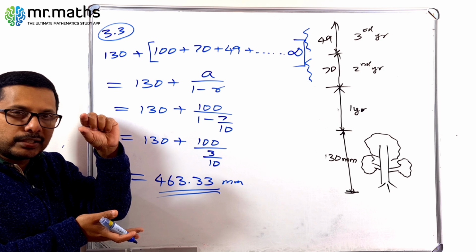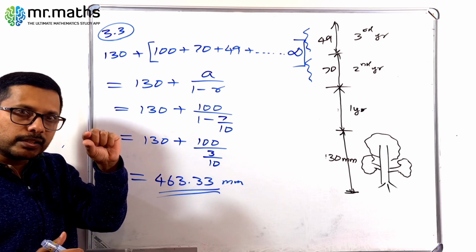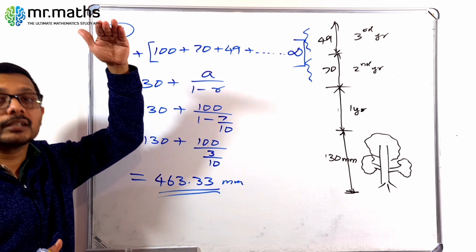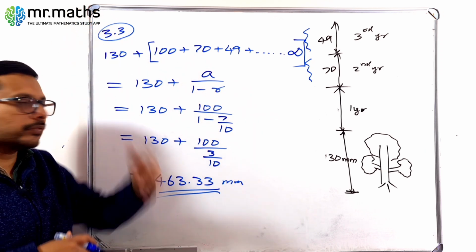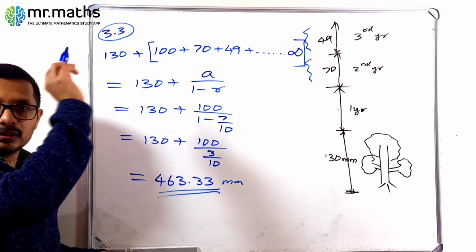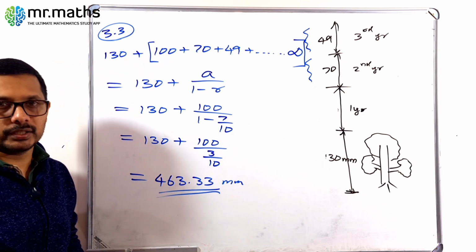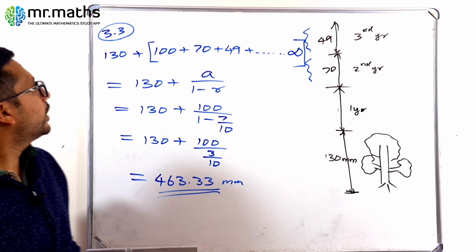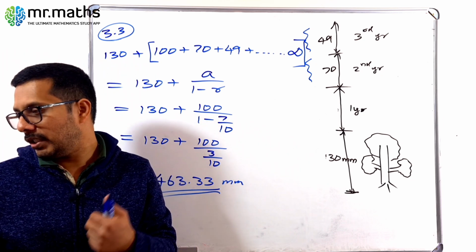We can see that as time goes, the height increase is decreasing. So there is a time when the tree stops growing any further. That is why we can say that eventually the maximum height is going to be 463.33. And that's the end of this question paper, February March 2016.